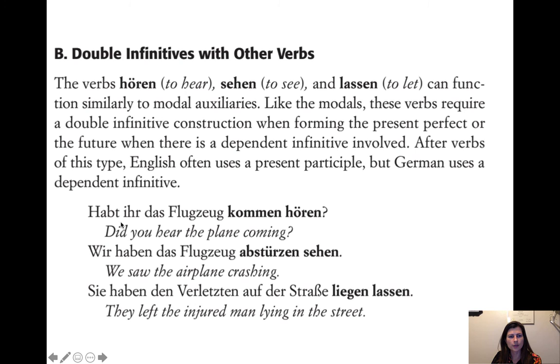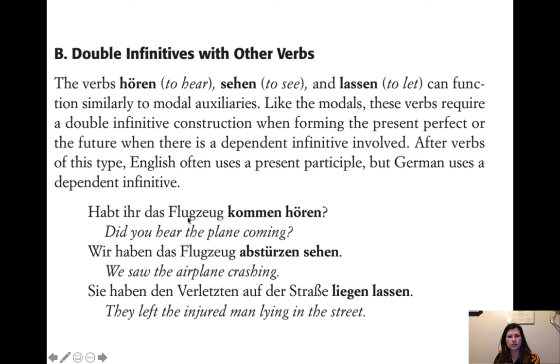So, habt ihr das Flugzeug kommen hören? That would be, did you hear the plane coming? In English, we could actually do this two ways. You could say, did you hear the plane coming? Or you could also say, did you hear the plane come? In that case, it looks more parallel.